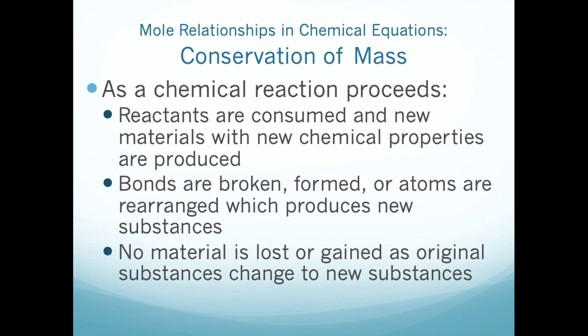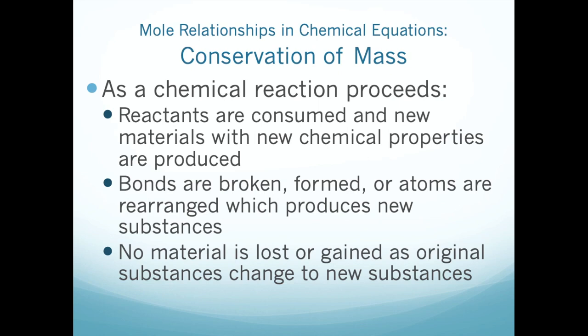The same amount of material that's in our reactants is present in our products. What is happening is that you are breaking and forming chemical bonds, you're rearranging the atoms that make your compounds, but the important thing here is that the atoms themselves are still the same. Okay, and as a result, the mass of those atoms is still the same.